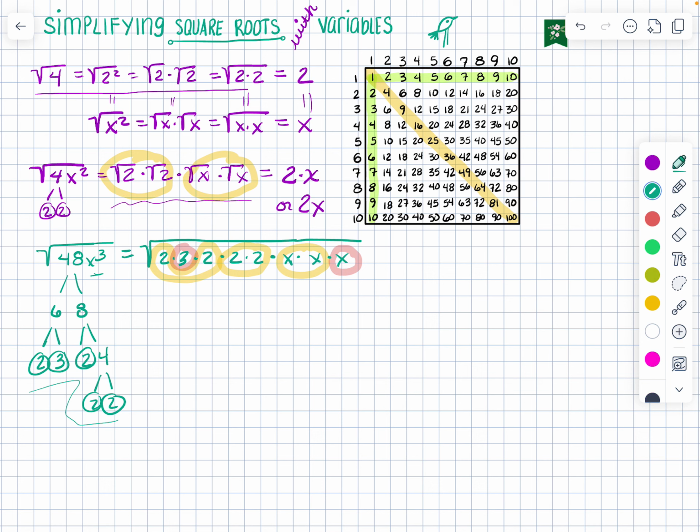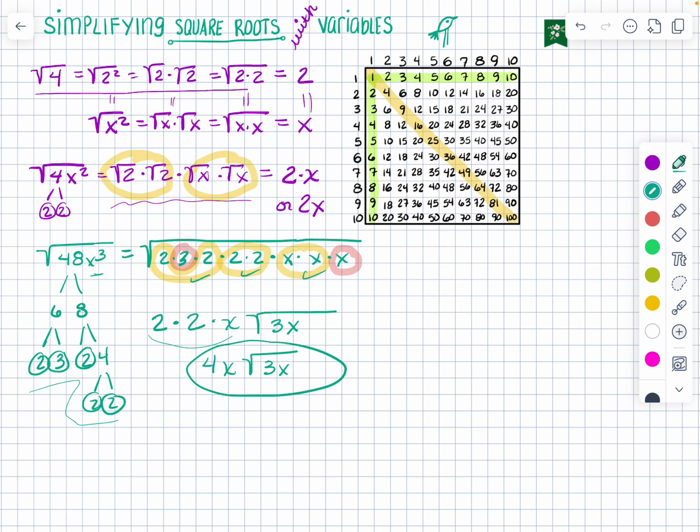So now we can take out a 2, this 2, and this x, and then what stays under the radical is 3x, and 2 times 2 is 4, and then times x times radical 3x, and that is our answer.